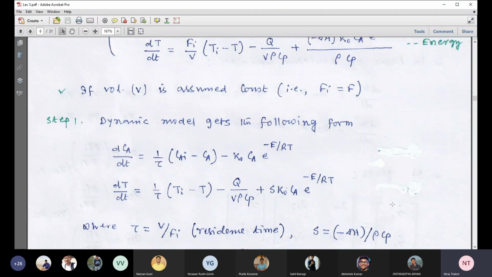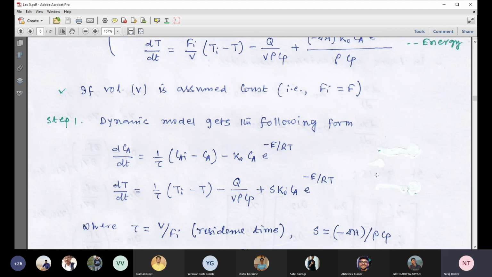Now, can anyone tell which one is a nonlinear term in these two equations? See, this is the model structure now. If we consider volume constant, we have two equations, and these are the equations. Now we want to linearize the nonlinear term. So before that, we need to know what is the nonlinear term involved in this model structure.